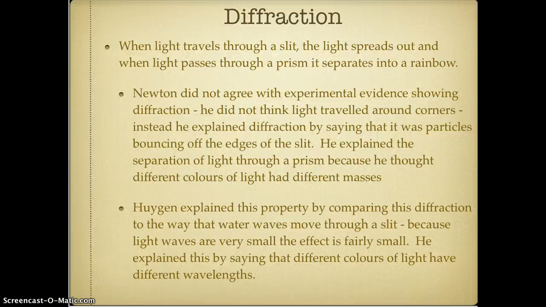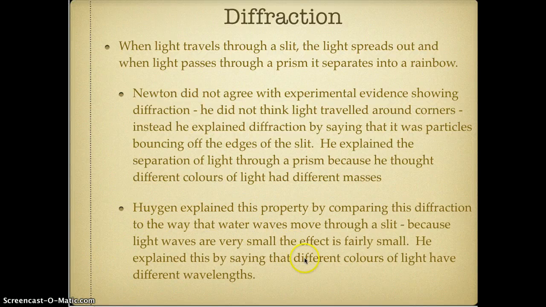He said what you're seeing is the particles of light hitting the sides of the slit and bouncing off in a different direction. He could explain the separation of light through a prism by saying the particles have different masses, with violet light maybe being really heavy and red light being really light. The different masses of the particles made them spread out into that rainbow.